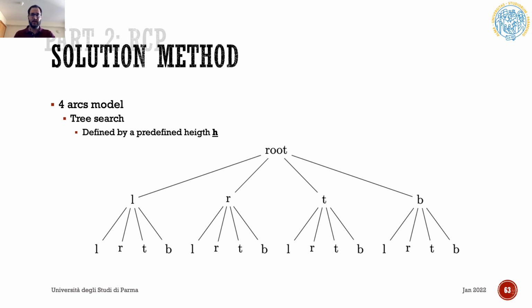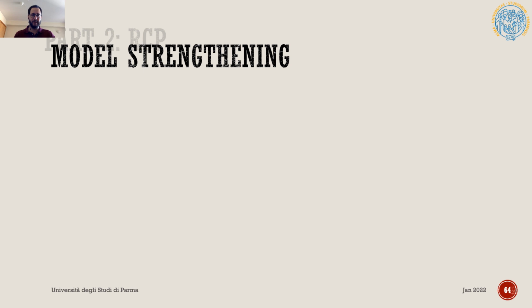In addition to that, we proposed several valid inequality constraints to strengthen the model. I present only the symmetry reduction for the 5-arcs model. When we refer to a symmetric solution, we mean the exact same solution from another perspective.